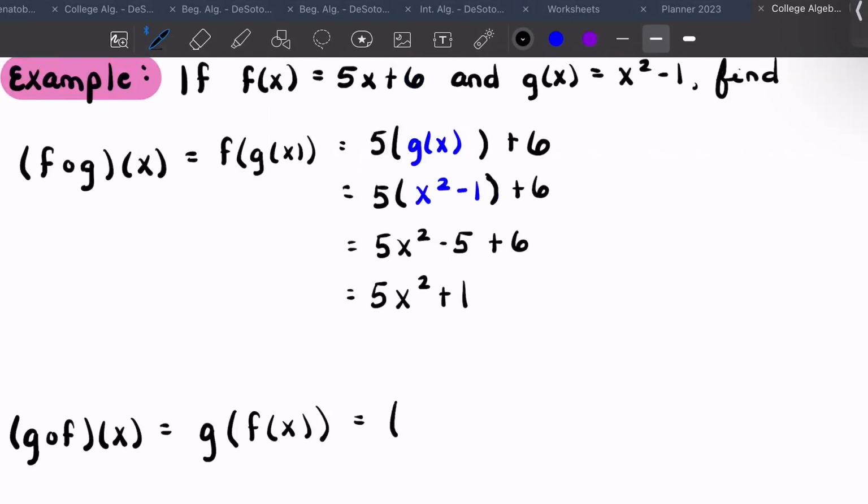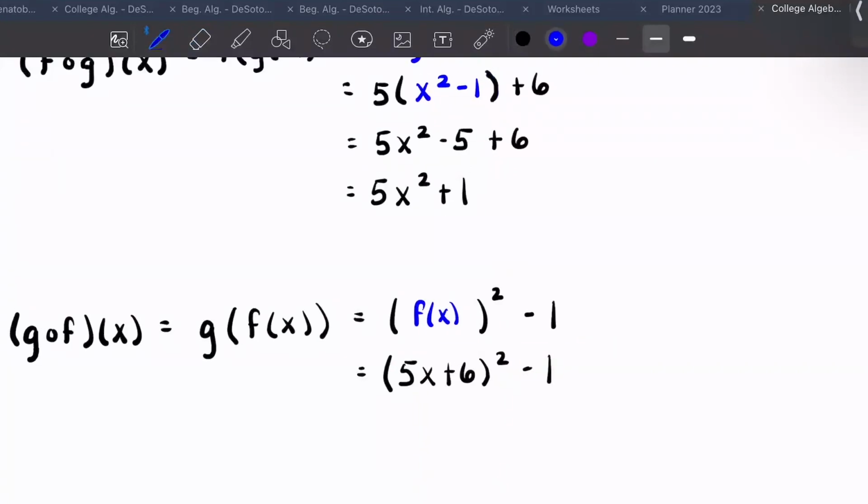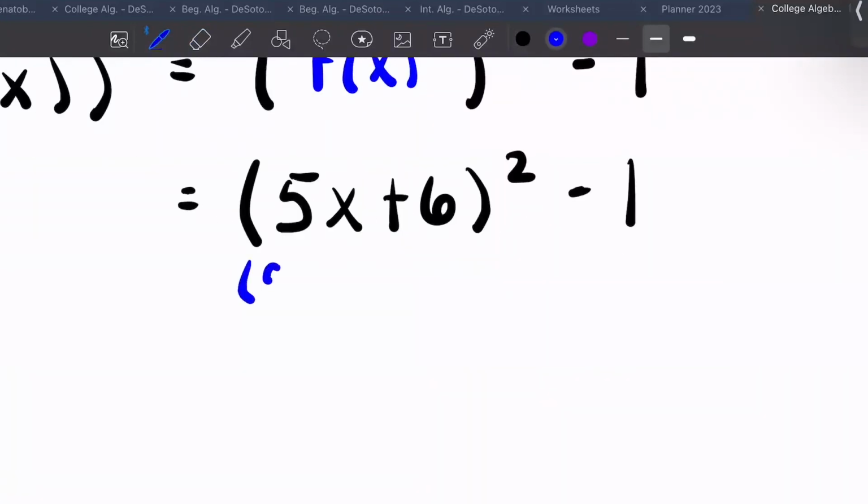So you have x squared minus 1, and you plug in f of x into your parentheses. So you have 5x plus 6 squared minus 1.